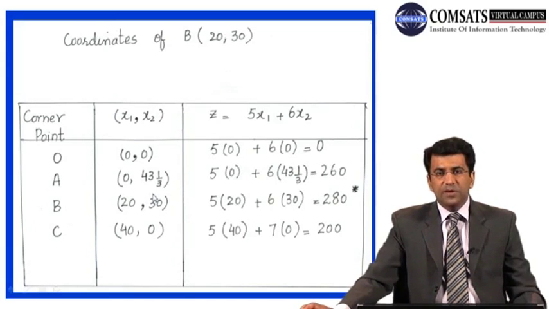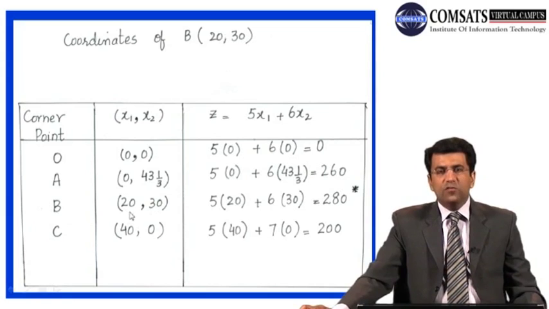Now again, it may not be practical, because the different products may not be in points, but for the sake of solving this problem, let's suppose that it is 43.3. Then the profit will become 260. That is, if we don't produce x1 and if we only produce x2 within that particular constraints, our profit will be equal to 260.